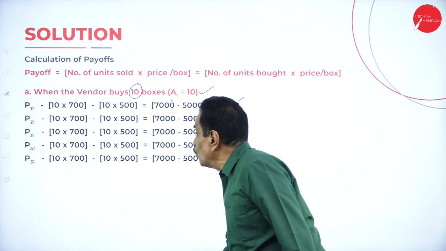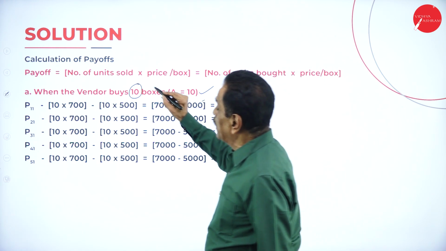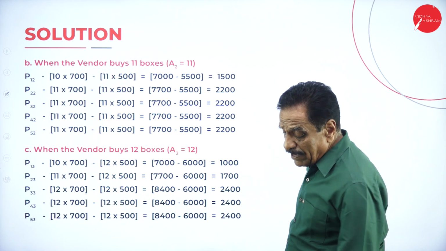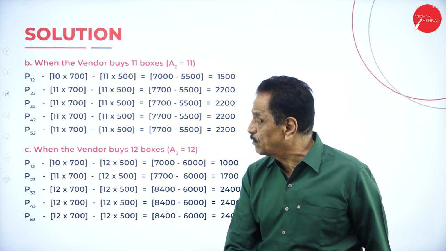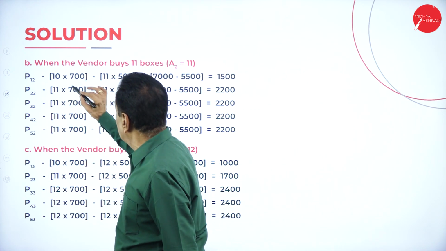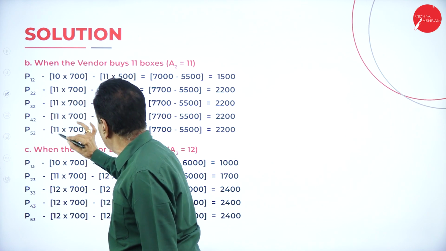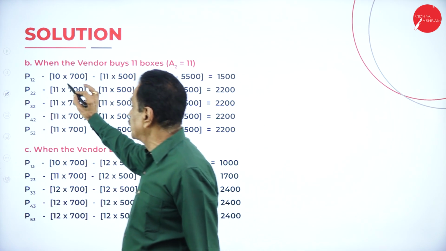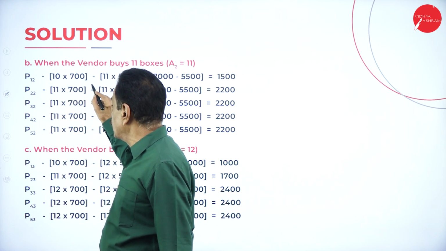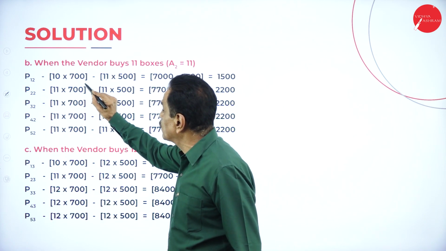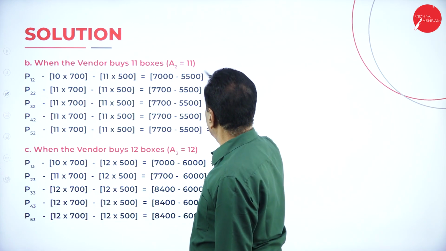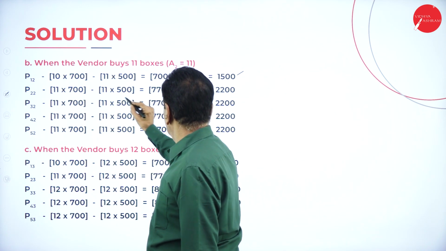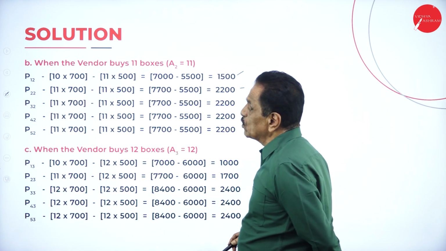Then, when you go to 11 boxes, this is important: number of units sold multiplied by price per box. When the vendor buys 11 boxes, you must be careful here. 10 into 700, then all 11 should come. Very careful. 11 into 700 is 7,700, minus 5,500 is 2,200.